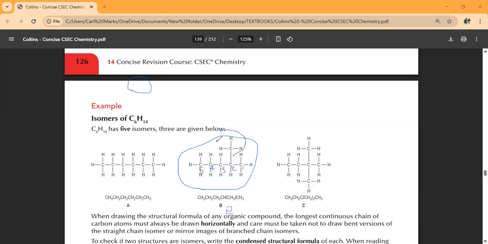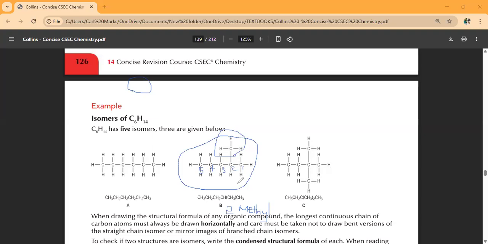What is the prefix for 1 carbon? Meth, good. So for the alkyl group, all you do is put YL after the meth. So this is methyl. So that's the first 2 parts, right?